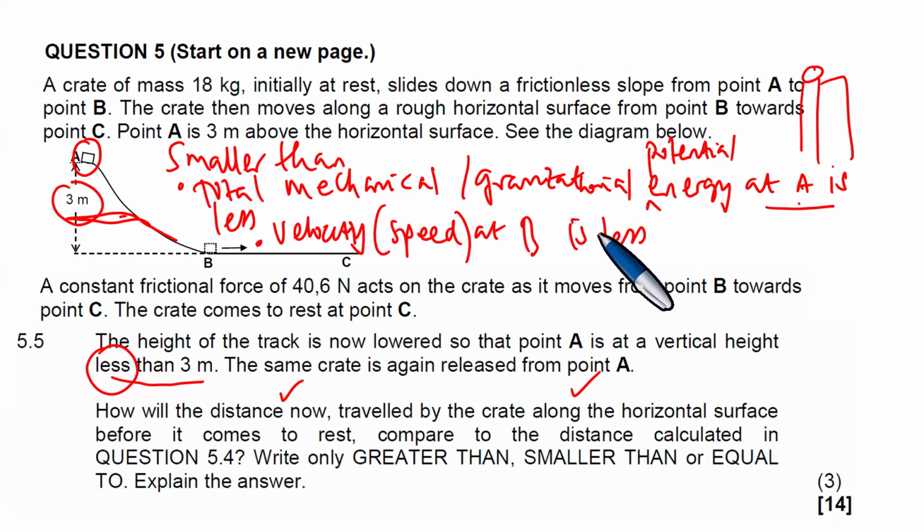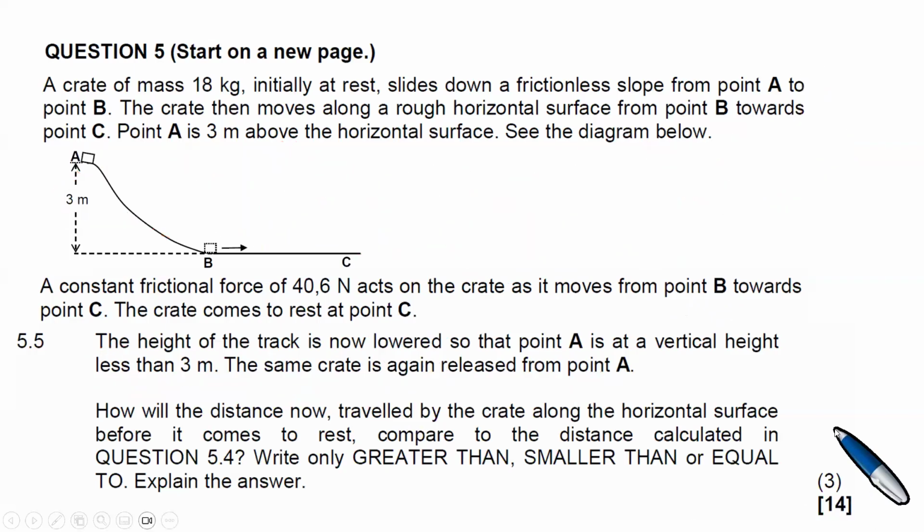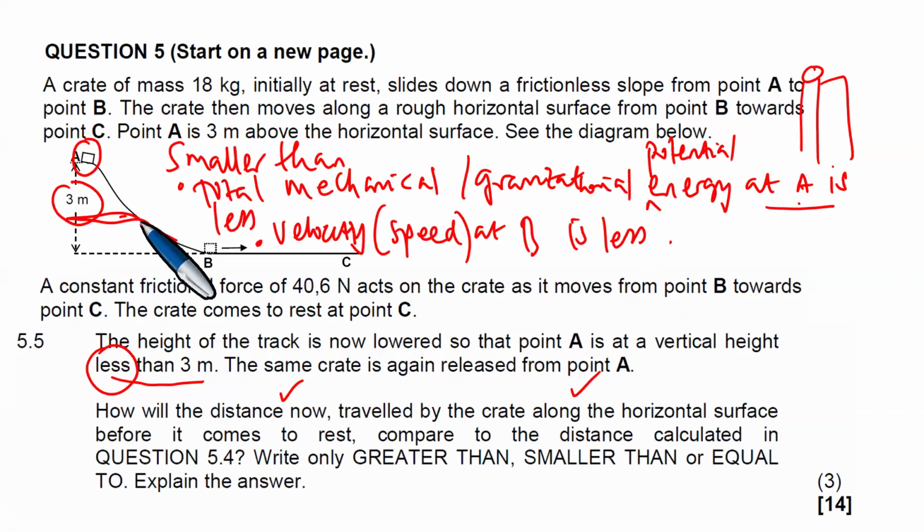The velocity or speed at B is less. Okay, next question. We'll repeat again. Because if you reduce the height, then it means you're giving it a smaller speed.